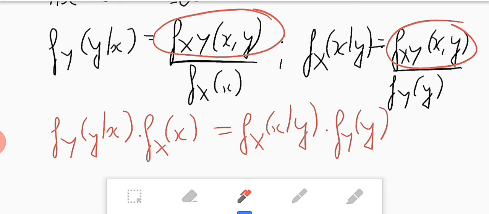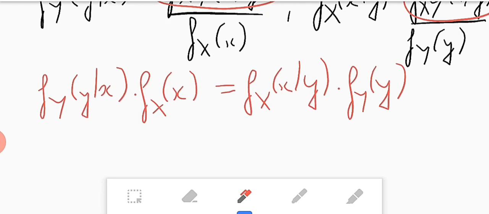You can observe this is similar to Bayes theorem.